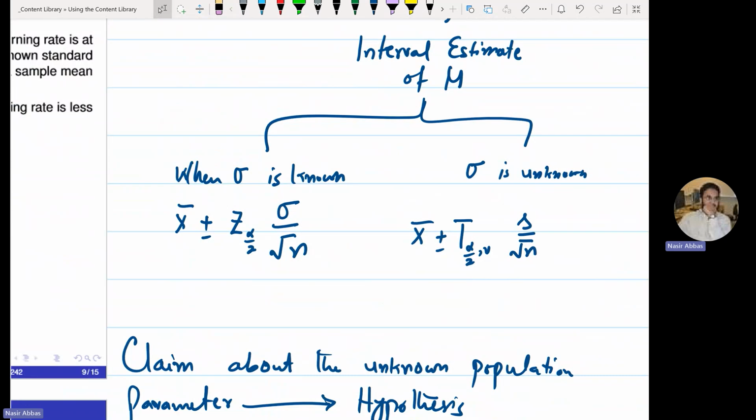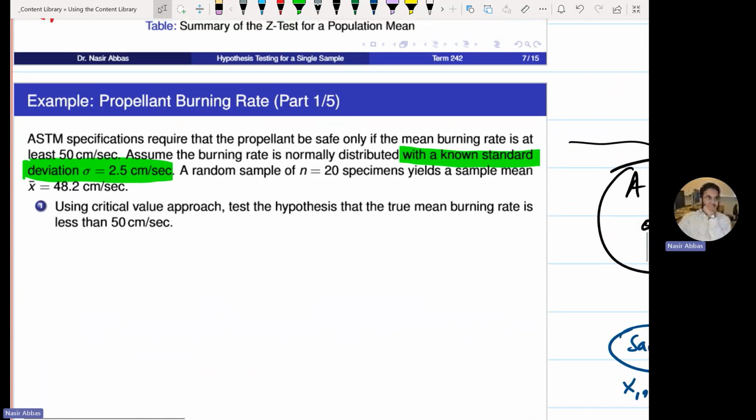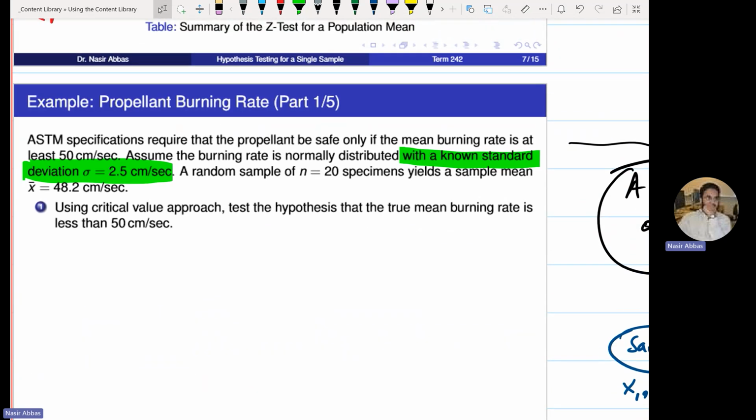When sigma is known, in chapter 8 or chapter 9, both same thing, you are pushed towards Z. When sigma is unknown, you are pushed towards T. So this information that the sigma is 2.5, it is pushing you towards Z.